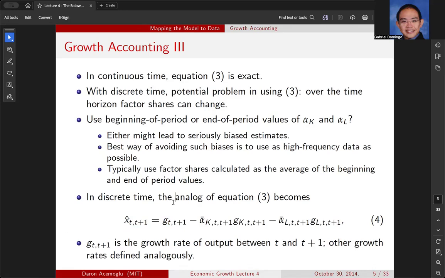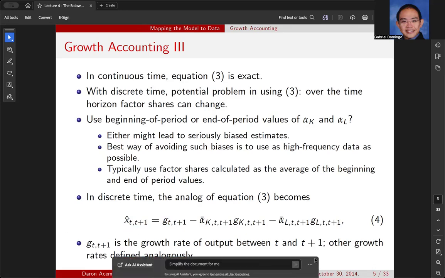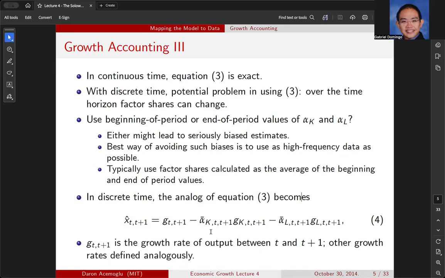You have the same interpretation here for G_K and G_L, which is the growth between T and T plus 1. Normally, when you're estimating TFP using growth accounting, we use national income accounts, which are discrete in nature. This is how it's computed in practice.